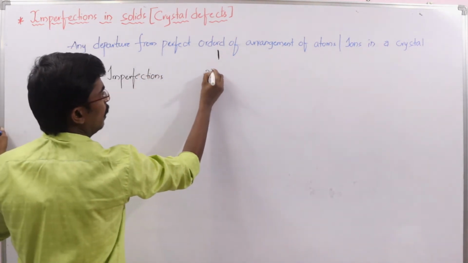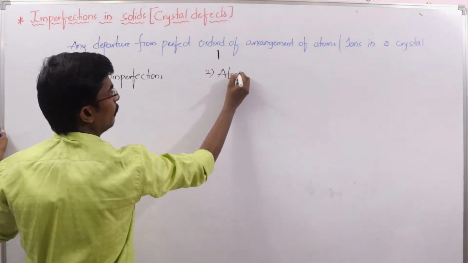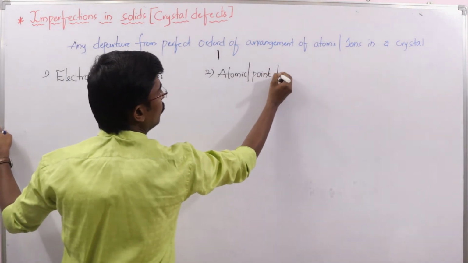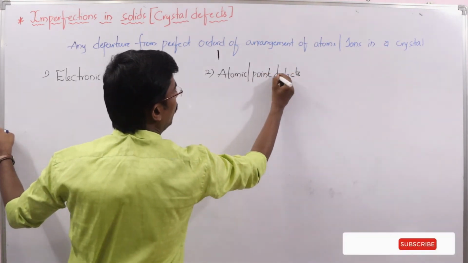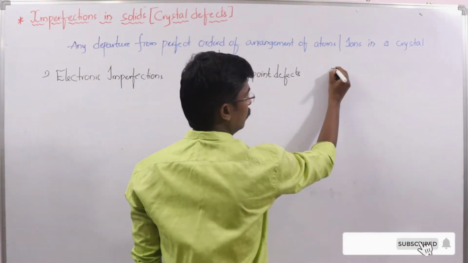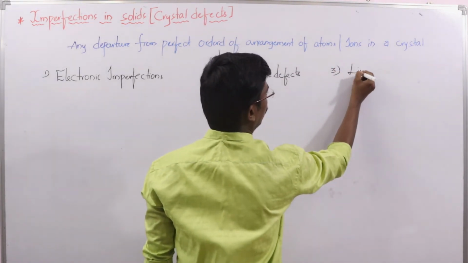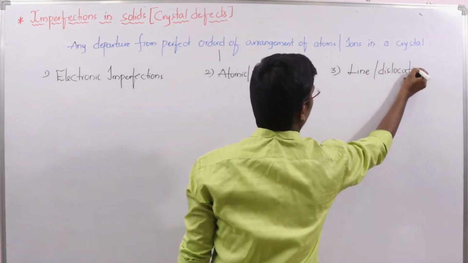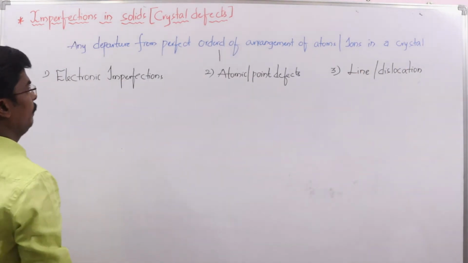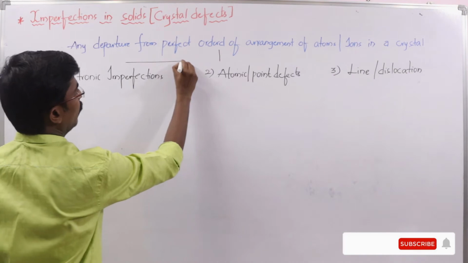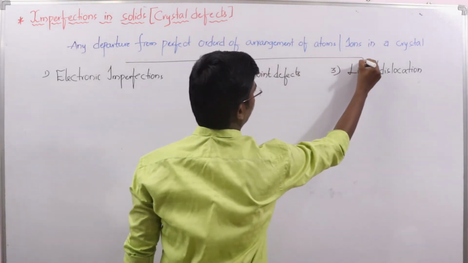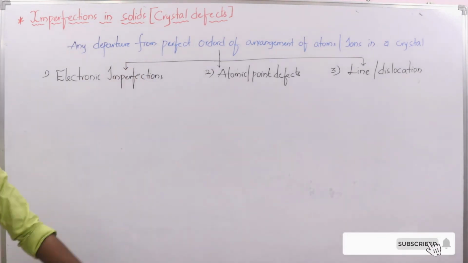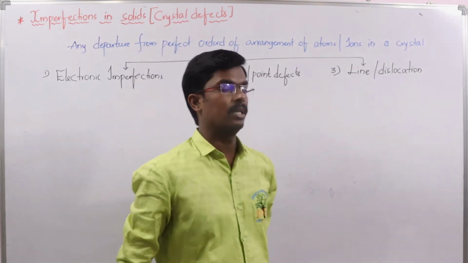Second is atomic or point defects. And third is line or dislocation defects. So initially I classified crystal defects in three ways: electronic imperfection, atomic or point, and line or dislocation.